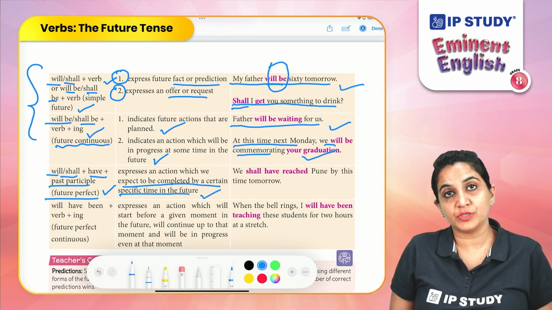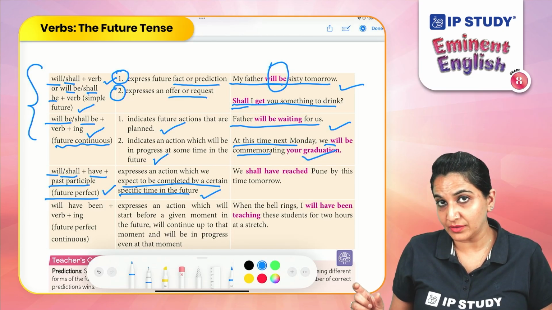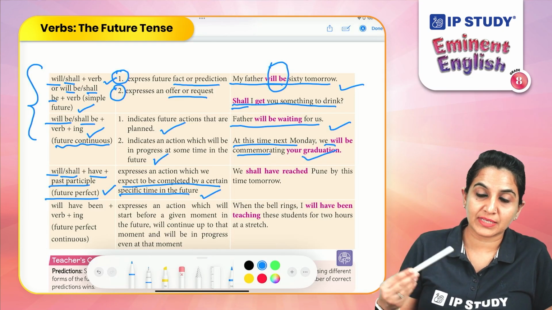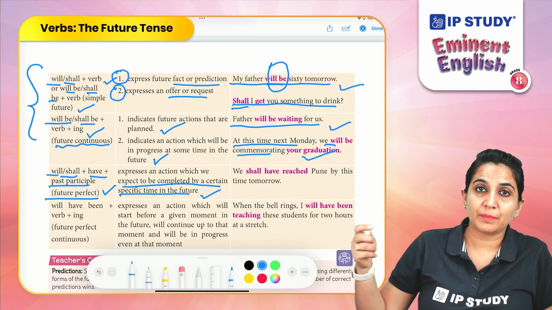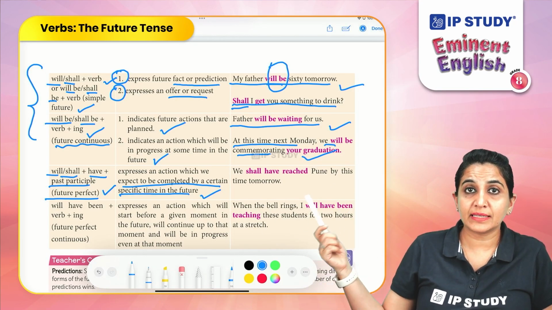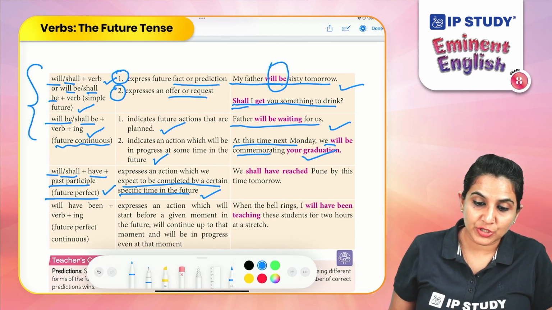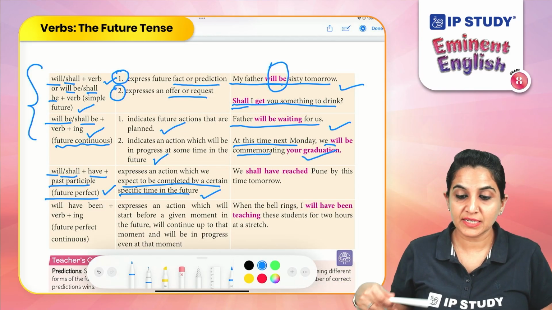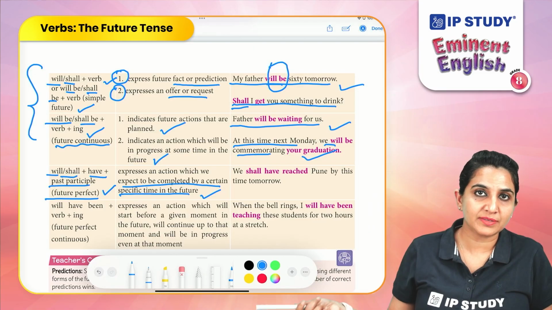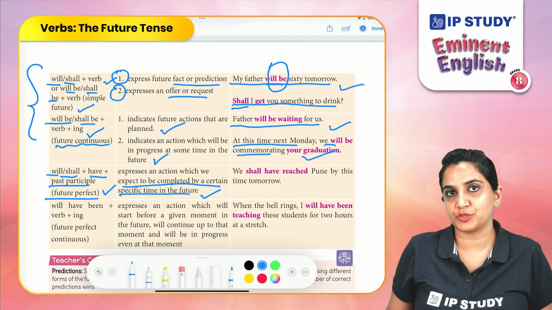The action which is continuing, which is already planned, but continuing till a certain time in the future, we use the future continuous tense. But the action which is expected to be completed by a certain or specific time in the future, we use the future perfect tense.